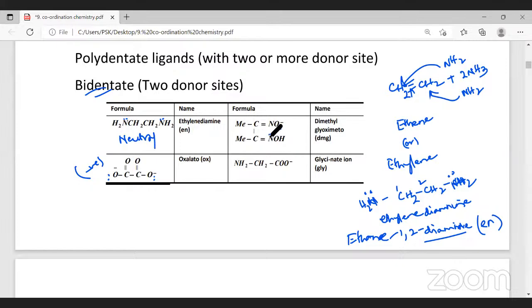And you can see here glycinato: this oxygen donates a pair of electrons, and this nitrogen also donates a pair of electrons. Since all these can donate two pairs of electrons, these are all examples of bidentate ligands.